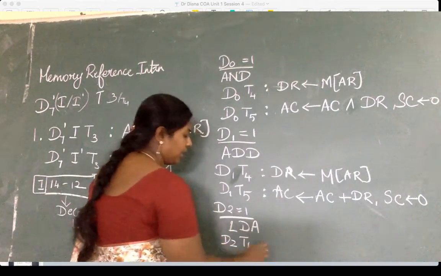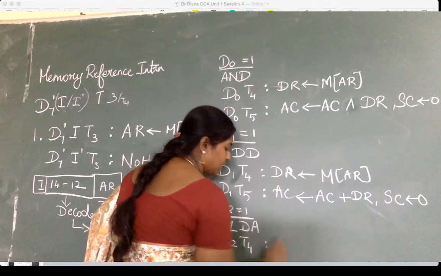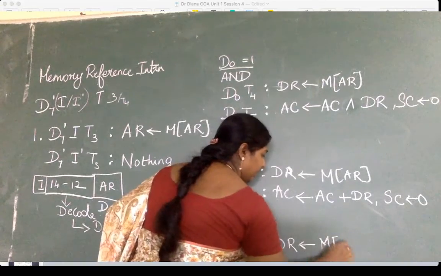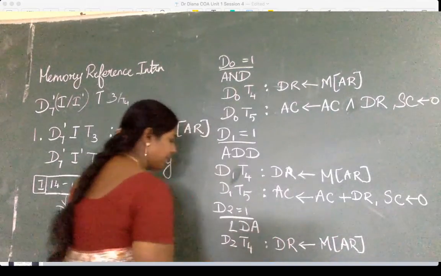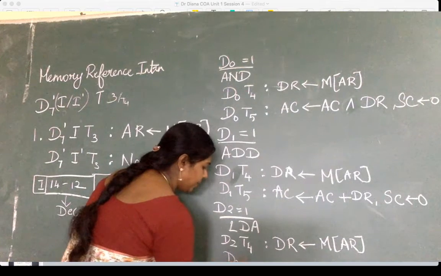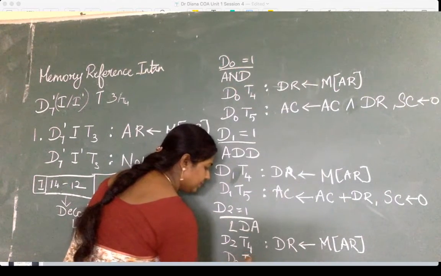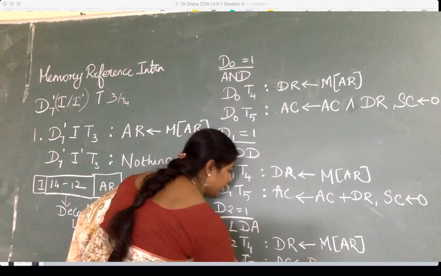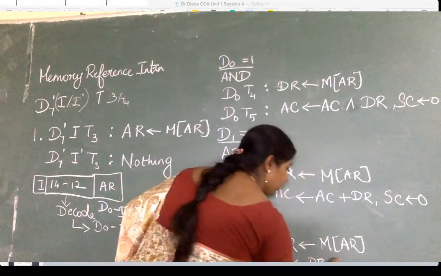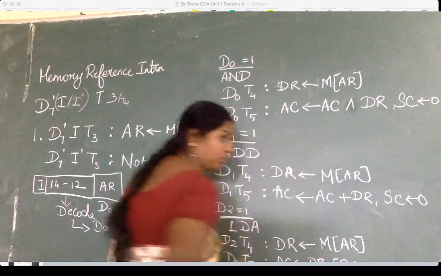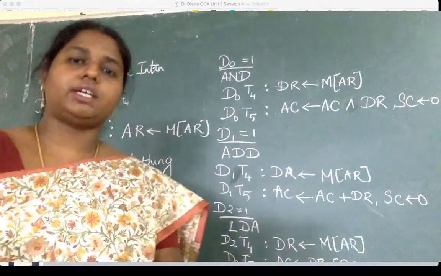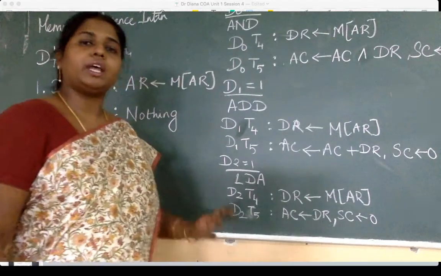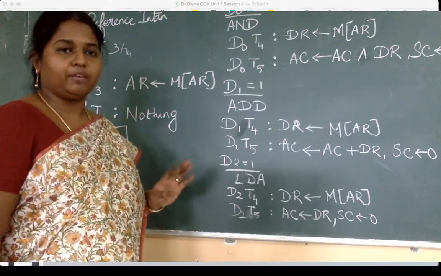So at time cycle T4, I should first bring the data from the memory location addressed by the address register into the data register, and at time cycle T5, I bring that into the accumulator from the data register, and then following that I clear off the sequence counter. So this is called load accumulator. So this is how I load the accumulator with any data to be read from memory.